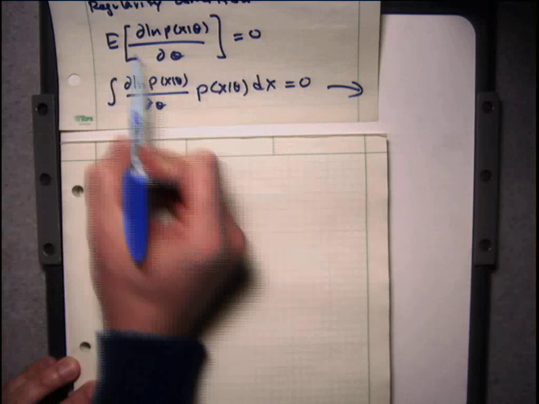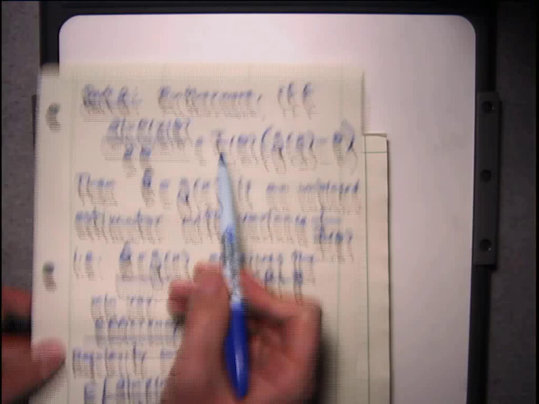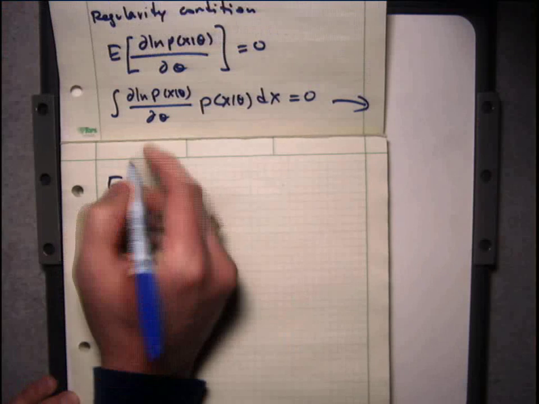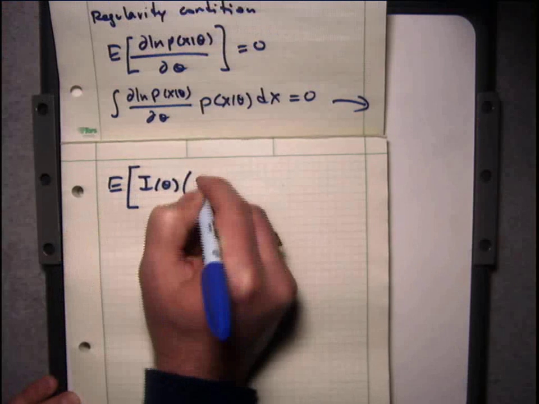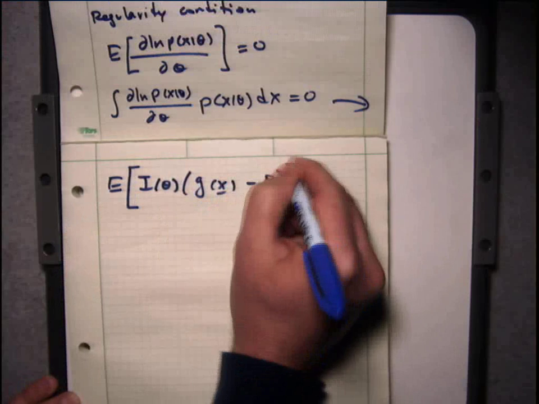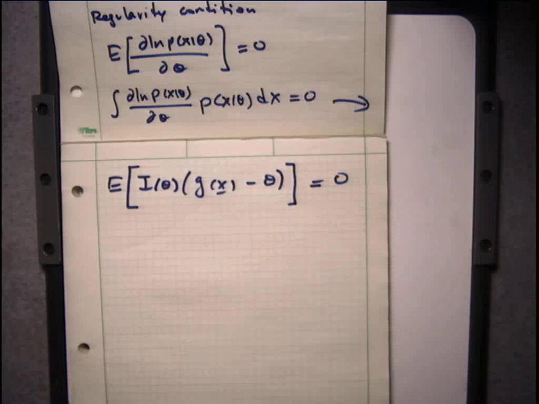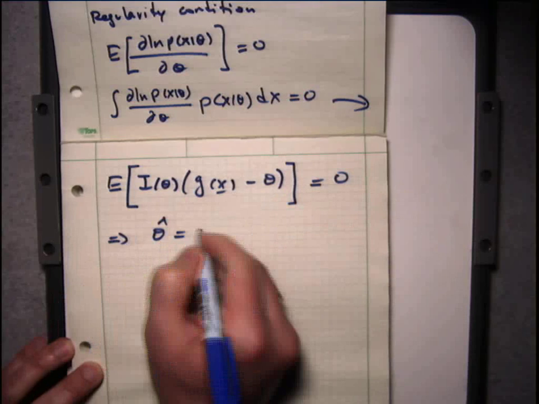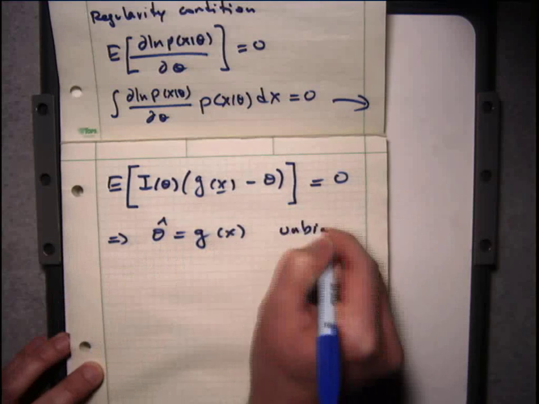Now, if this thing inside the expected value is in fact equal to this, then I can write the expected value of I of theta times g of x minus theta is equal to 0, right? And of course this immediately implies that theta hat equals g of x is unbiased, right?